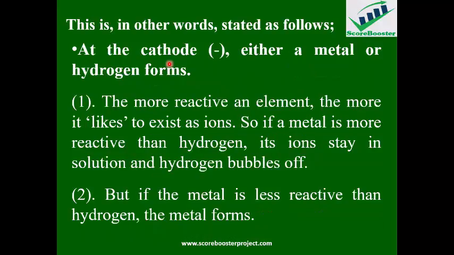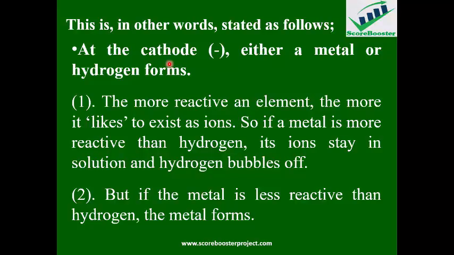So in other words, at the cathode, I mean the negative electrode, you have either the metal or the hydrogen that is formed, because we are talking about solution now. So there is hydrogen from water, then there is a positive ion from the salt. Number one, the more reactive an element, the more it likes to exist as ions.